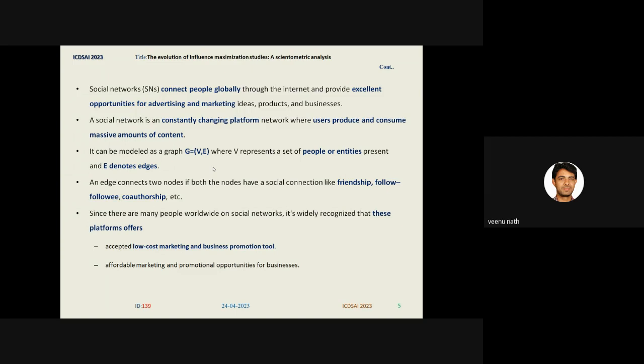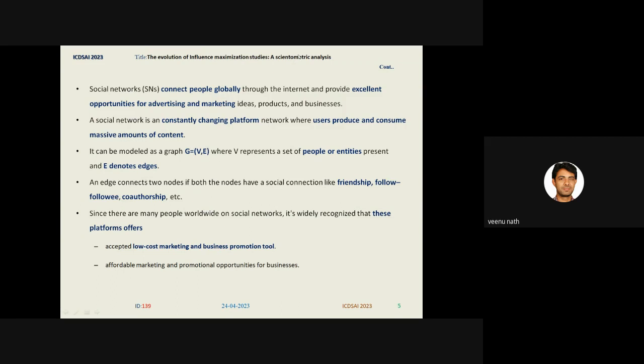In this regard, the social network is represented in the form of a network, or graph. We know the basic definition of a graph: it is a combination of vertices and edges. Vertices are nothing but people or entities, and E denotes the edges.